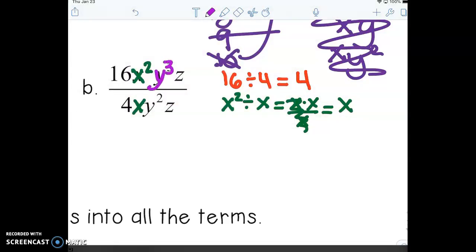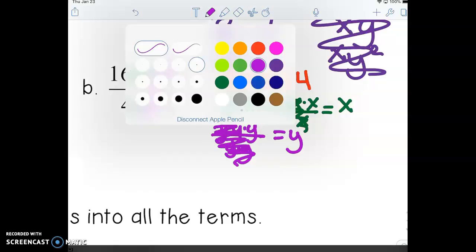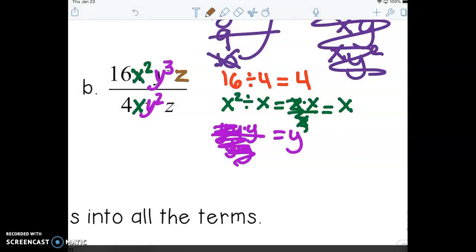So I have y to the third all over y to the second. That's like y times y times y divided by y times y. See how each of them have two y's and they cancel down to just the one y on top? And then z over z, they share those, cancel. So my final answer here is 4xy.